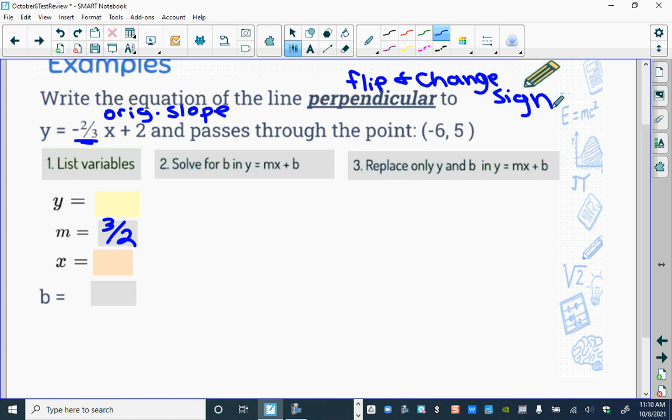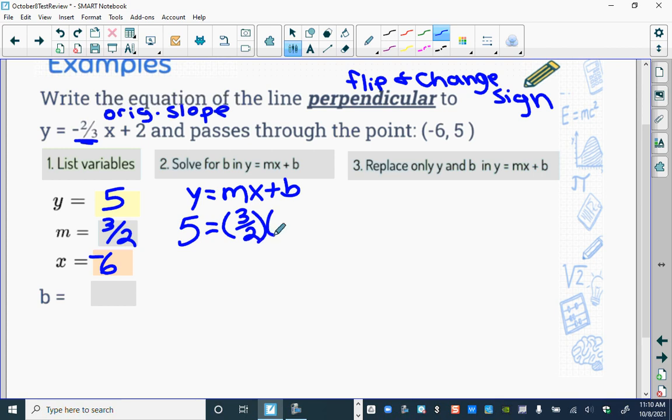And then, of course, the y and the x stay the same. And then you're back to where you were. You're back in business. y equals mx plus b. 5 equals 3/2 times -6.